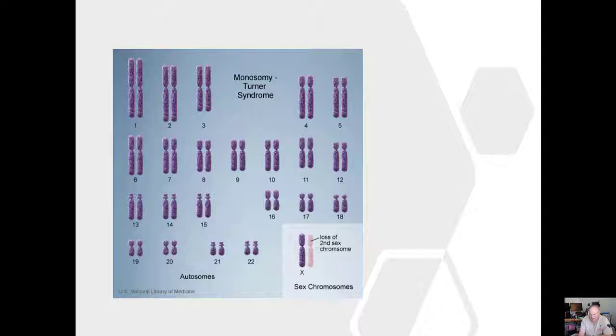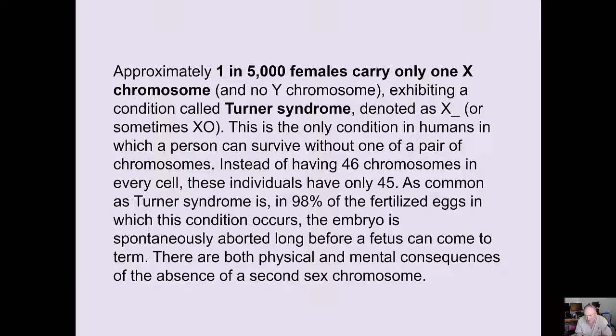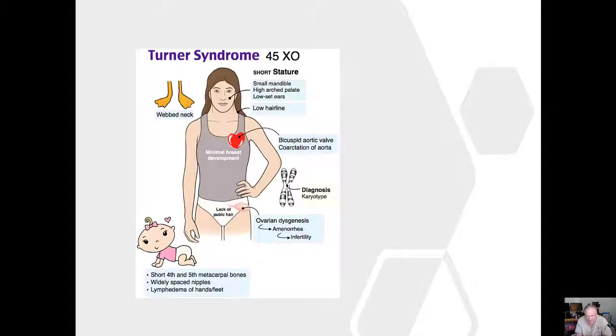And you can see here's a monosomy, Turner syndrome, where you have only the X chromosome and you're missing the other. 1 in 5,000 carry the single X, and you're calling this Turner syndrome, denoted as X. And these individuals only have 45 chromosomes, so that gives a series of changes that we can see summarized here.